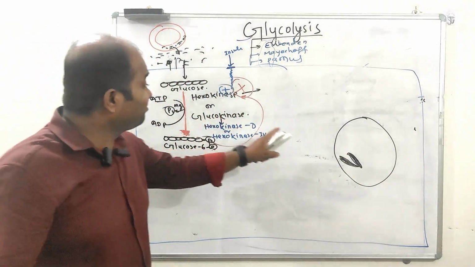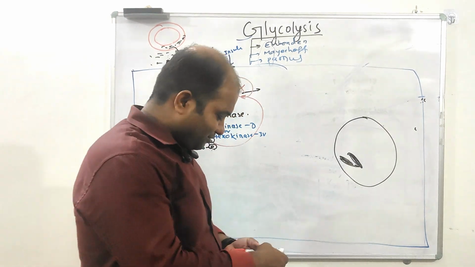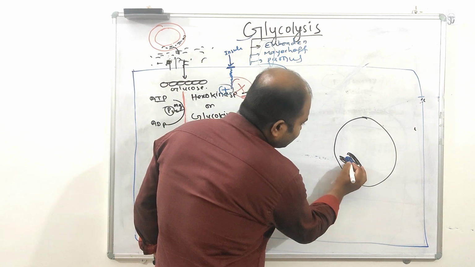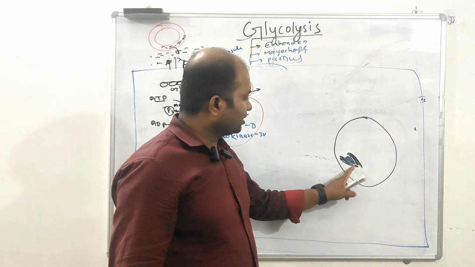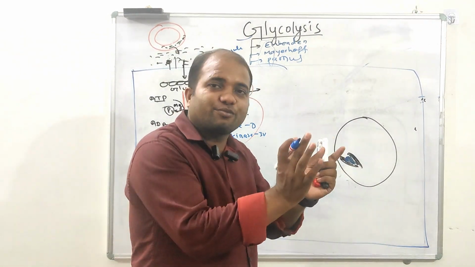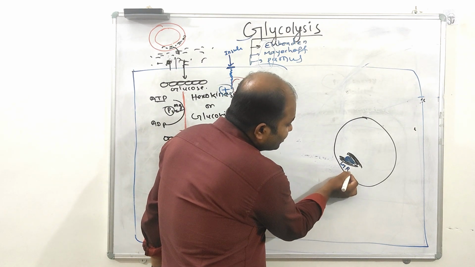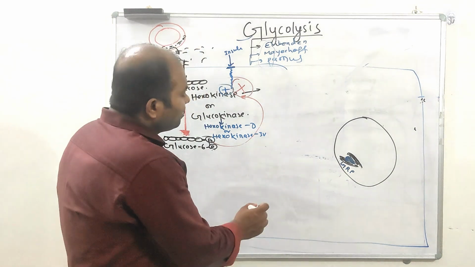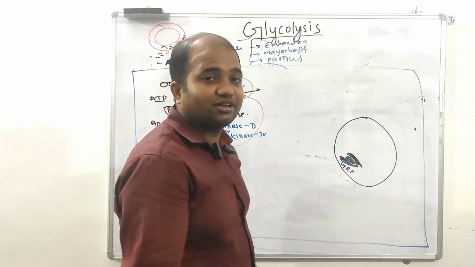That means glucokinase will be stored in the nucleus with a capping of protein. This is called glucokinase regulatory protein. So before the glucose comes, it was stored in the nucleus.